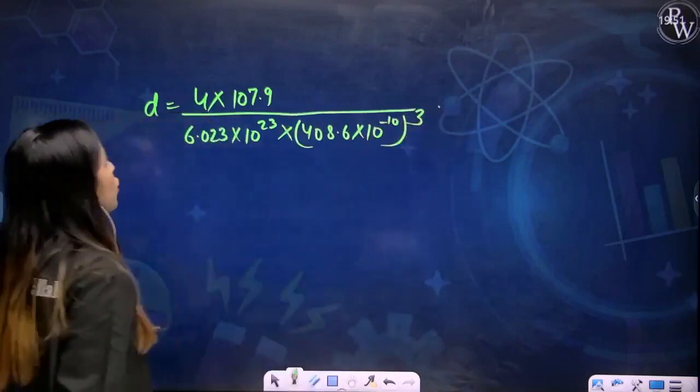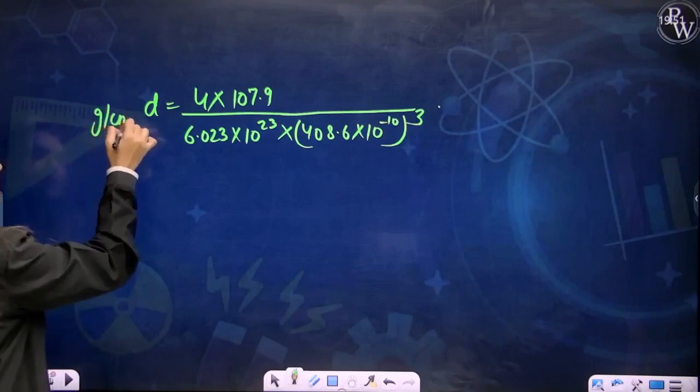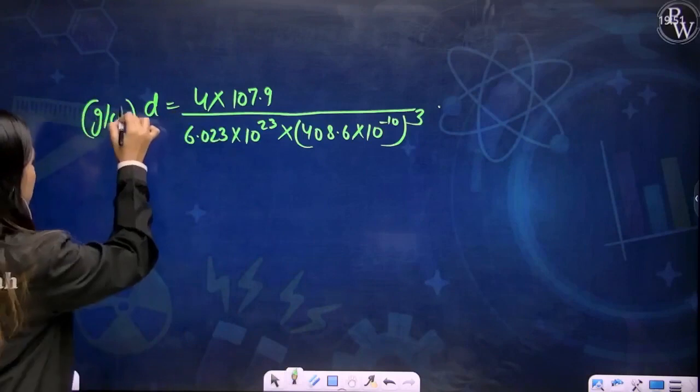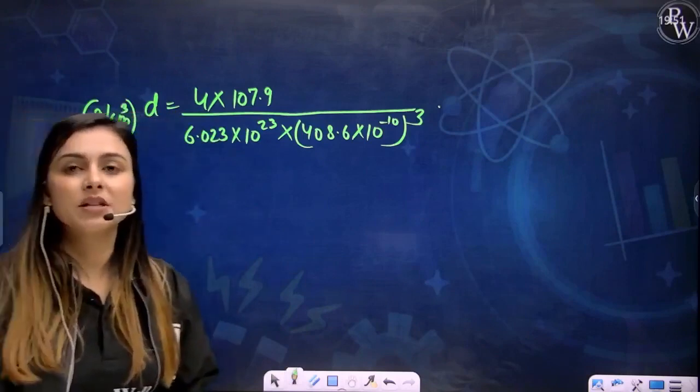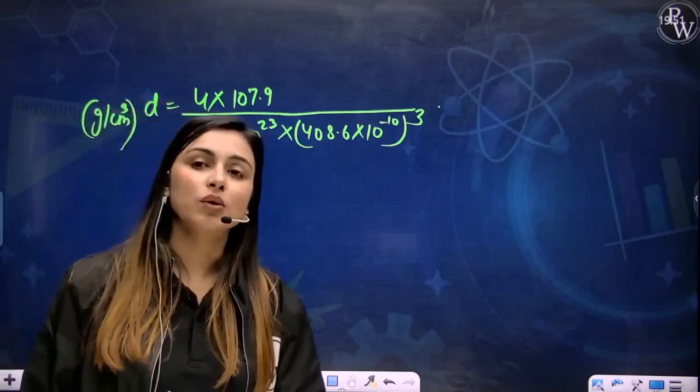This is how you will find the density. You have to solve this and you will get the density in gram per centimeter cube.